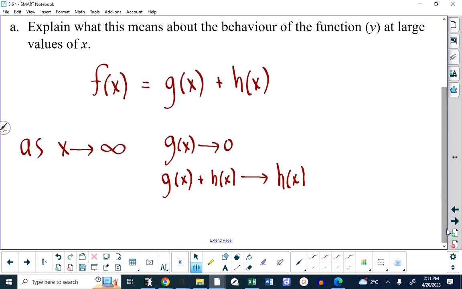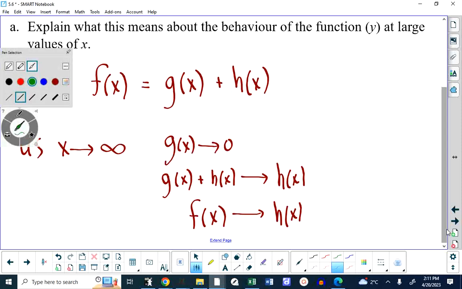But since g of x plus h of x is f of x, what we're saying is what Miles said, with a little tweak. I tweaked it to make it more precise. If g of x is approaching 0 and f of x is the sum of g of x and h of x, then f of x is approaching h of x. It doesn't become h of x. It becomes really close to h of x. And the reason is this. The reason why it doesn't turn into h of x is because g of x never does become 0.